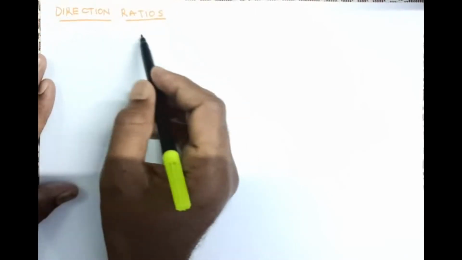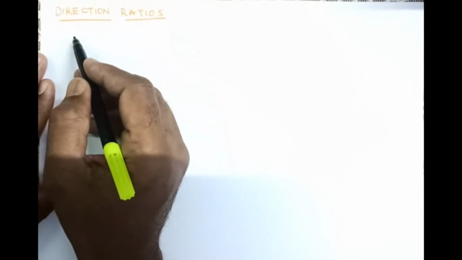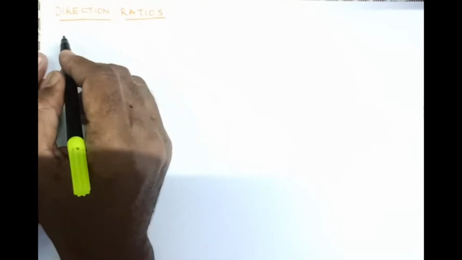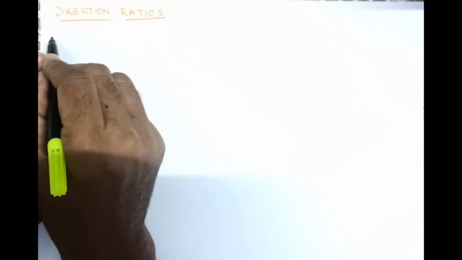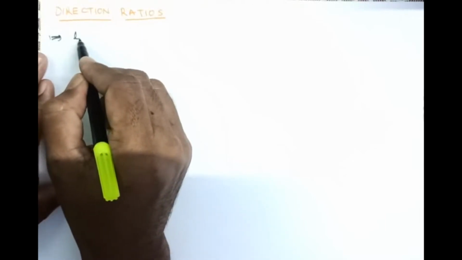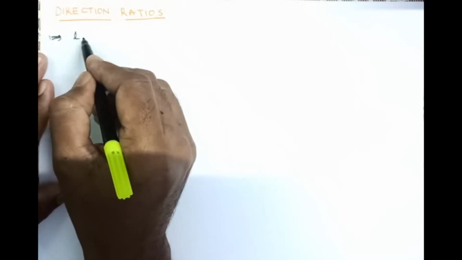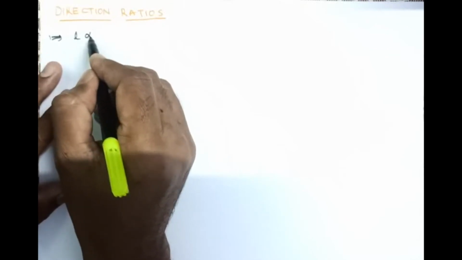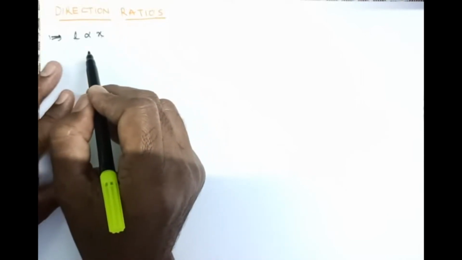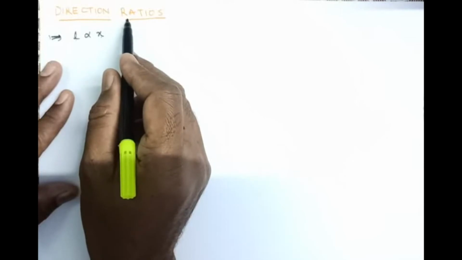The definition of direction ratios: numbers which are proportional to the direction cosines. Any number which is proportional to a direction cosine we call a direction ratio.